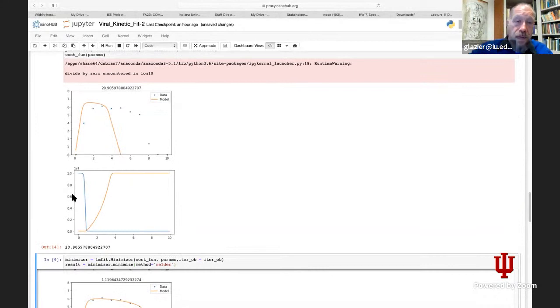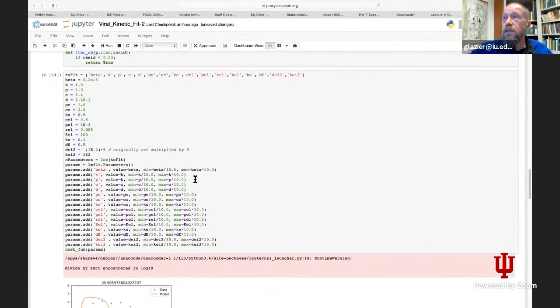So now with that, you can see what's happened here. The virus disappears much faster than it did before, but still all the cells are dying. Right. So we could try making the beta value smaller here, dividing that by 10 to start with.